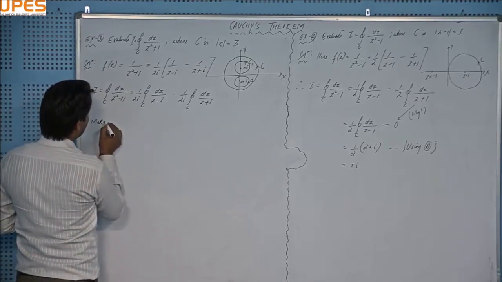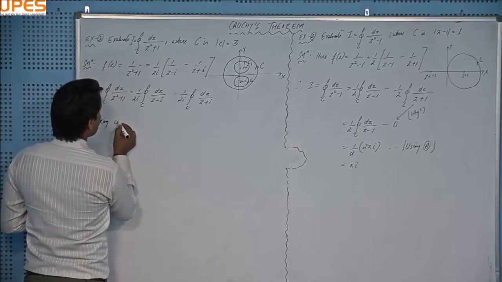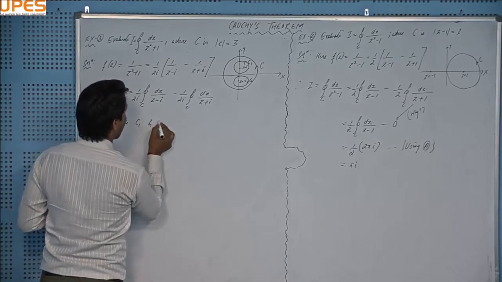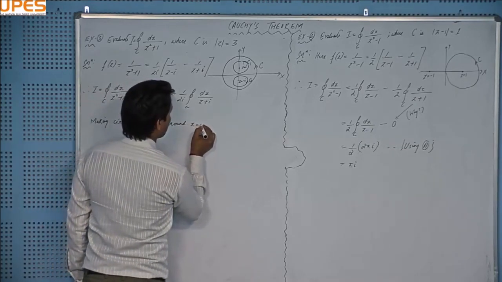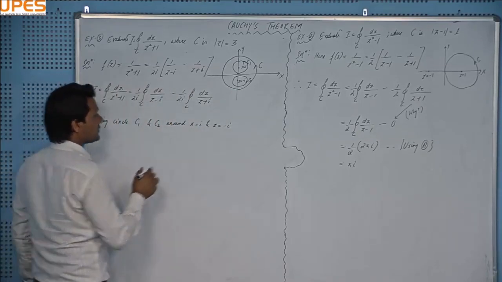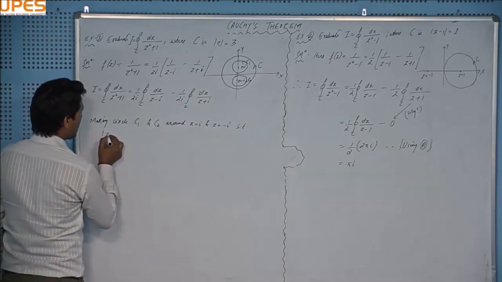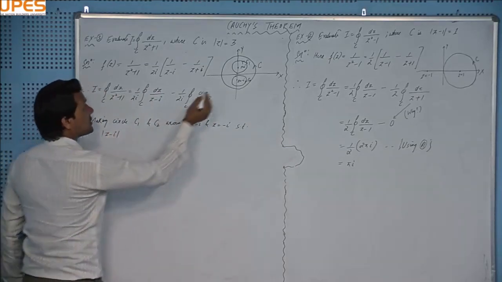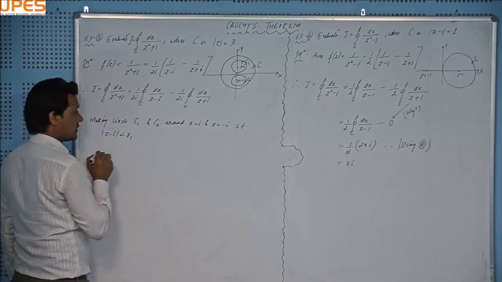making circles C1 and C2 around z equal to iota and z equal to minus iota, as you can see from the figure, such that the first circle is mod z minus iota, the center is iota, and the radius is, suppose, small r1, right?